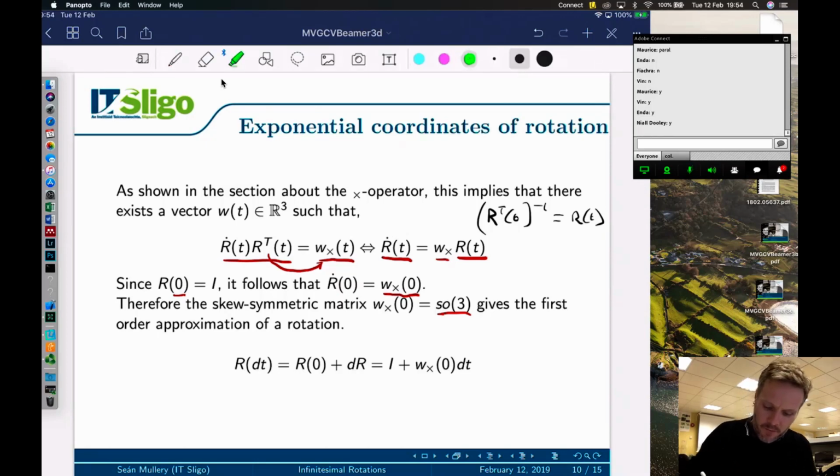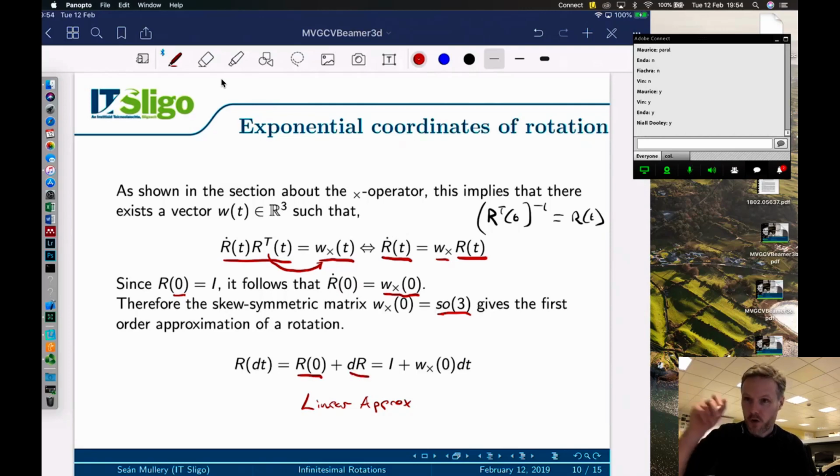And you may remember from a previous lecture that I showed you a thing called a linear approximation. And we said that the linear approximation was what's your position at time 0 and what's your small change that you're making. Okay, well, our position at time 0 is our identity matrix, and the change is given by that skew-symmetric matrix.